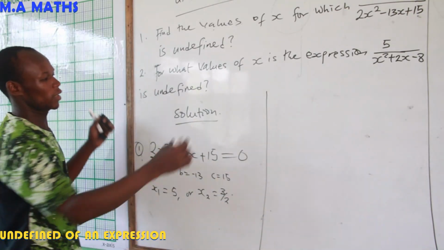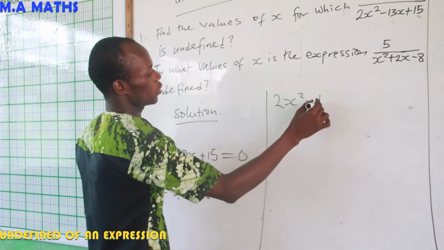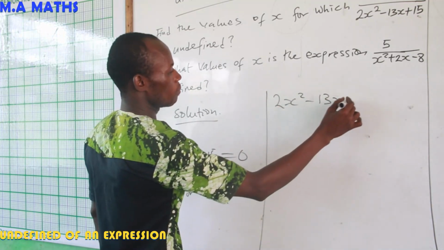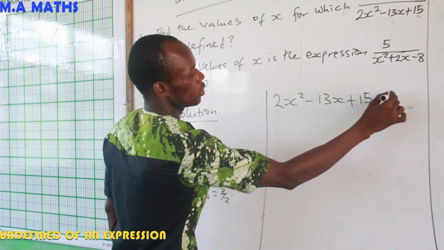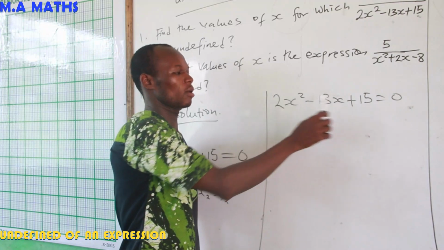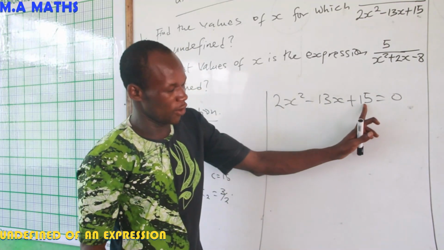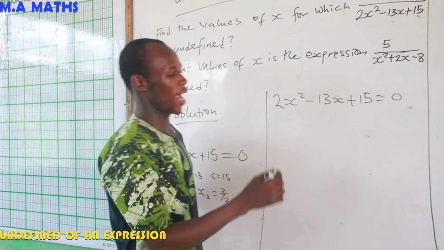2x squared minus 13x plus 15. First of all, you multiply the coefficient of x squared by 15, and that will give you 30.